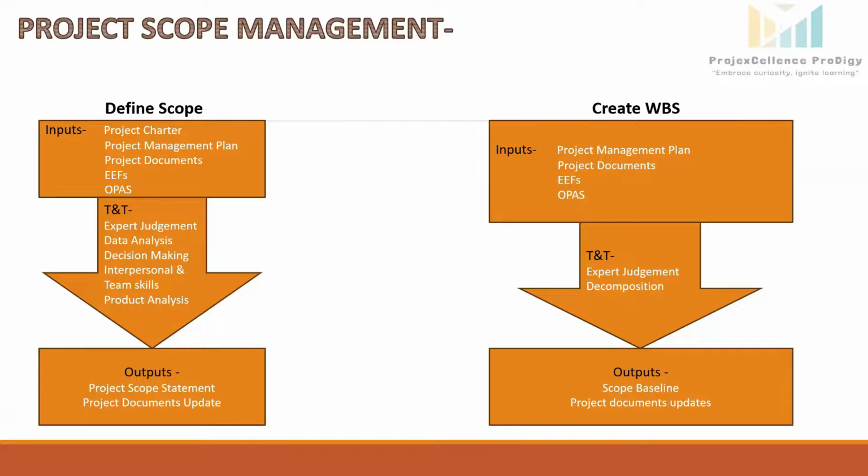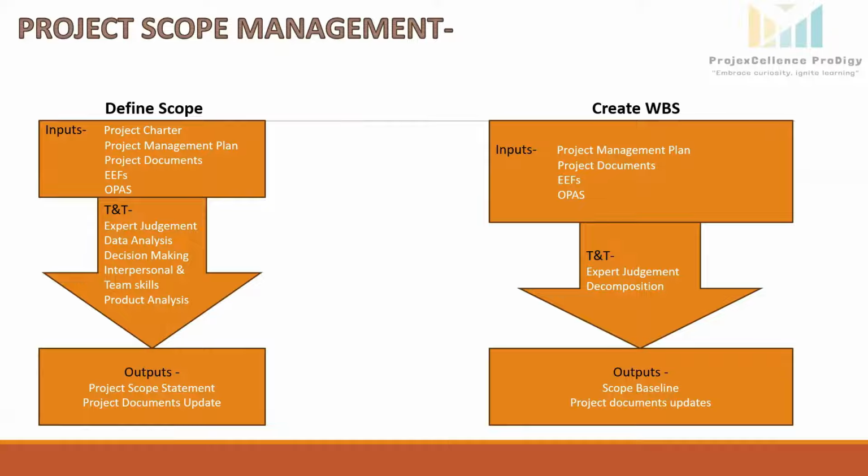So decomposition is a technique used for dividing and subdividing the project scope and project deliverables into smaller, more manageable parts. The lowest level work is called a work package in the WBS structure, for which the cost and duration can be estimated and managed.